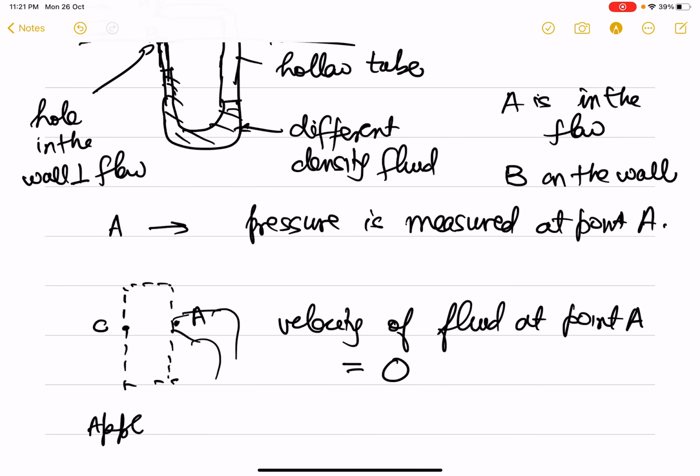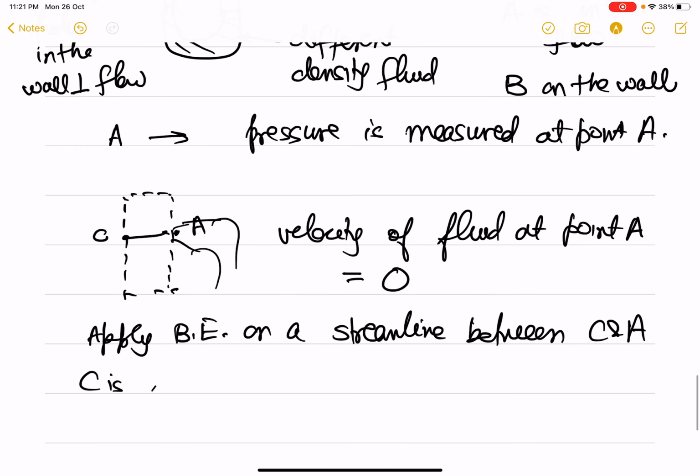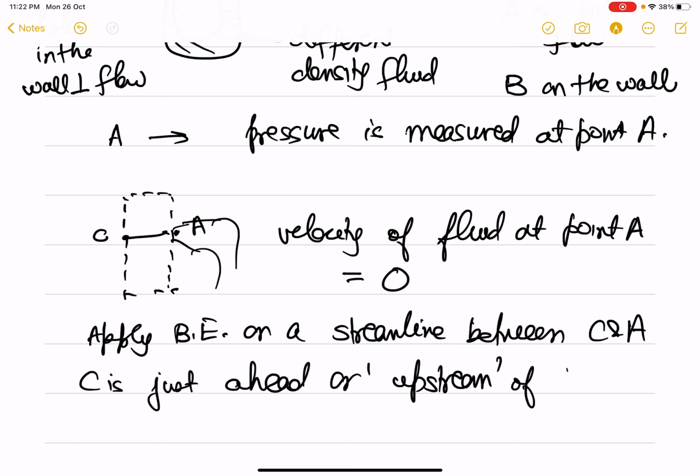So if we apply Bernoulli equation on a streamline between C and A, where C is just ahead or upstream. We use the word upstream when something is in the flow before a particular point. So we get PC plus half rho VC square is equal to PA.